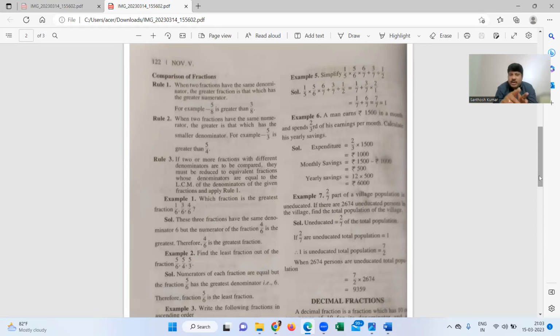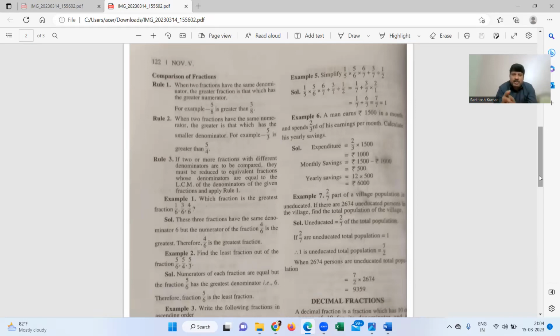Here both denominators are 8, so now we need to compare the numerators. Whichever numerator is bigger, that fraction will become the greatest fraction, isn't it? In 5 and 3, which one is big? 5 is big. So obviously 5 by 8 is the greatest fraction. Okay, like this we have to decide.